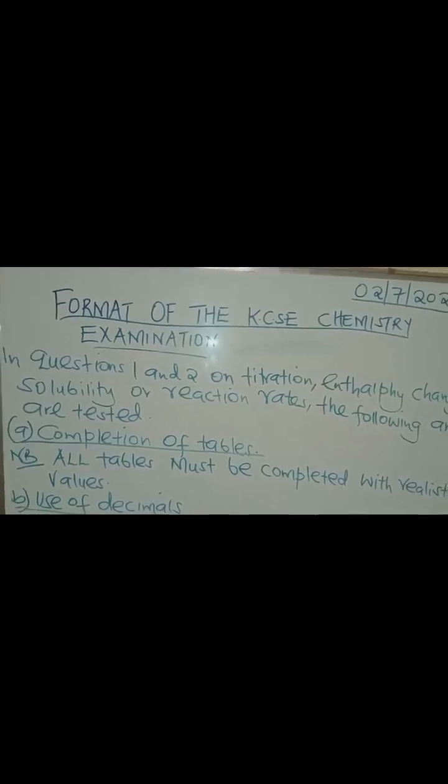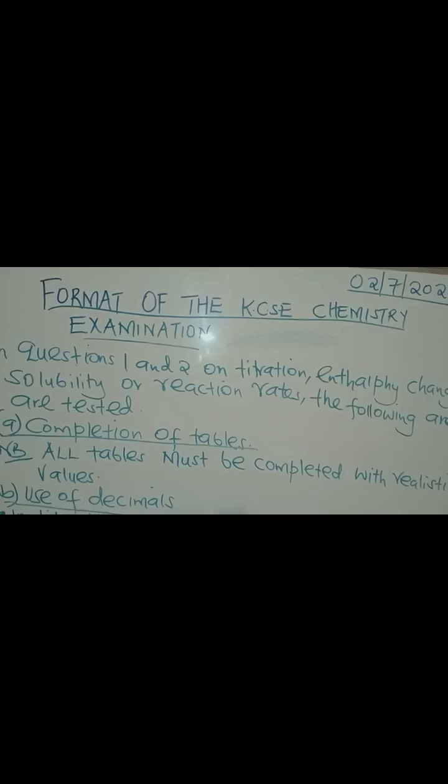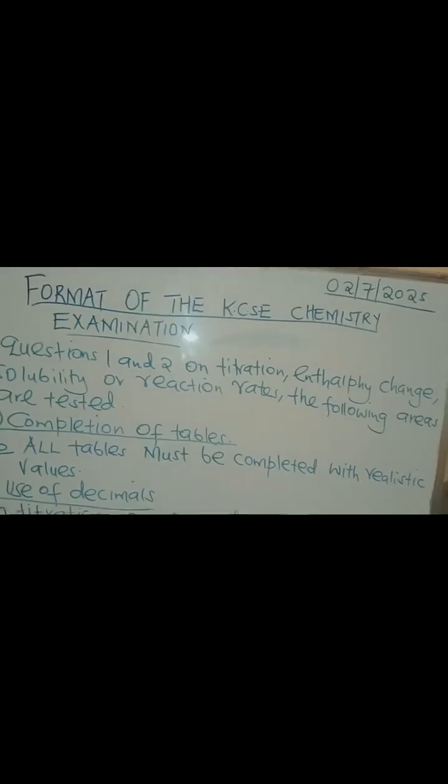So we begin with questions 1 and 2, that, as I said earlier, are either on titration, enthalpy change, solubility, or reaction rates. The following areas are tested. In other words, I'm showing you where to get marks from.